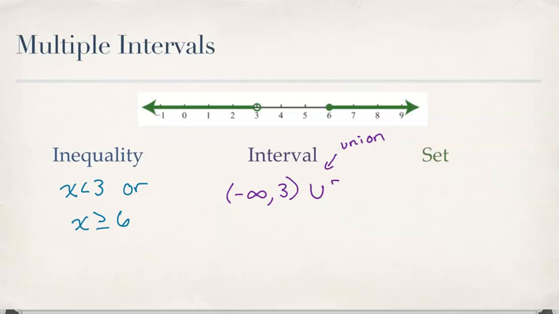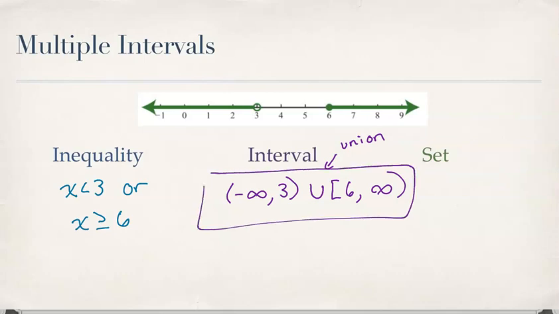Union closed 6 to +infinity. This is the interval notation if you have more than one interval, and you can join as many intervals together as you want. Every time you have a new section, you just put a U in between them. So this tells me that I'm going to go from -infinity to 3. I'm going to have an open dot on 3, and then I'm going to join it with a closed dot on 6 and continue on all the way to infinity.